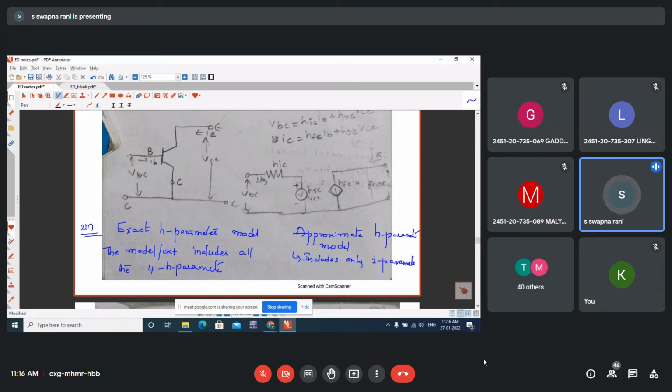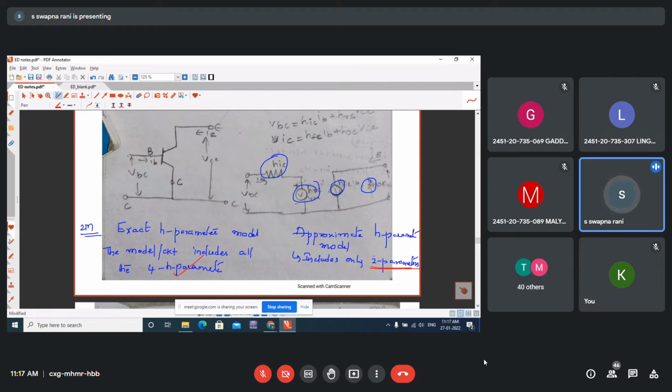So remember, identify carefully whether the question is given to analyze using the exact model or the approximate model. Approximate model means these four components will not be there. All these four will be there in the exact model, whereas only two will be there in the approximate model.